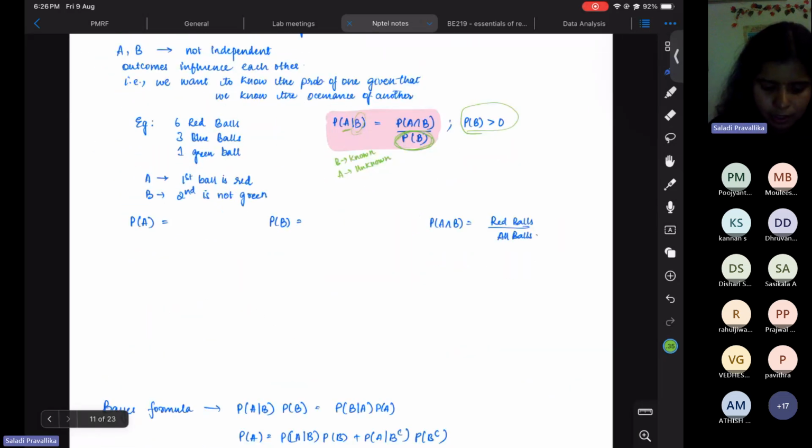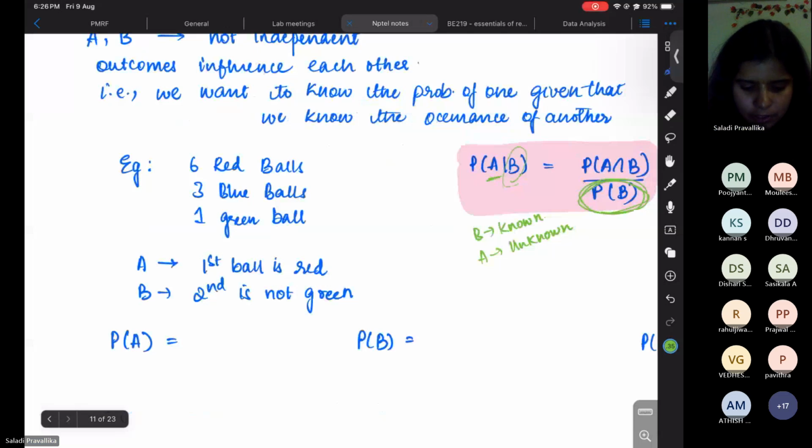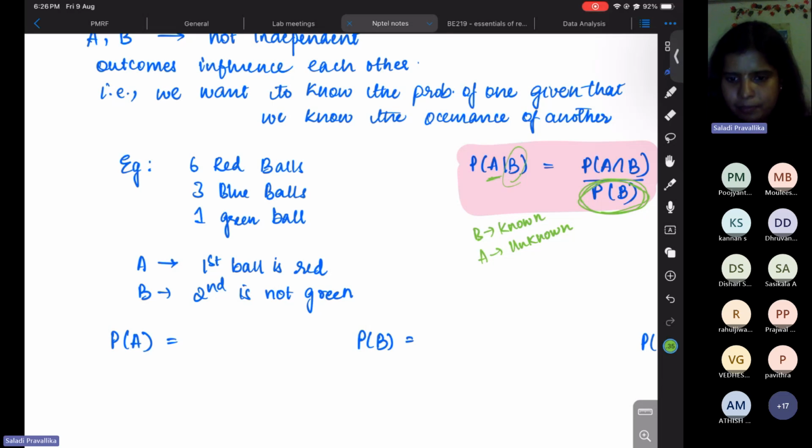So let us try an example. We'll try this problem out. So I'm having 6 red balls, 3 blue balls, and 1 green ball. Okay. So I'm saying the first ball is red. So what is my P of A? I want you guys to just type it in the chat box.